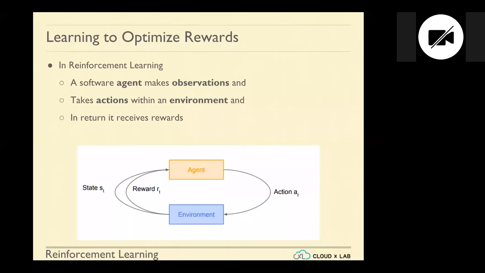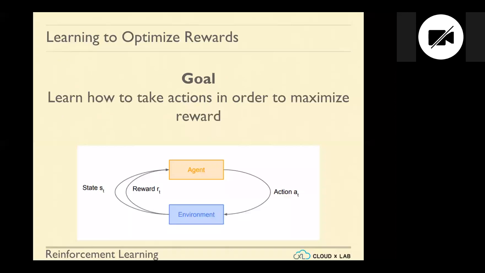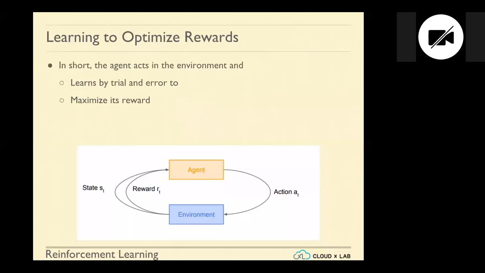The whole environment is an observation, and it takes an action, then it gets a reward. The goal is to learn how to take actions in order to maximize the rewards. In short, the agent acts in the environment and learns by trial and error to maximize the reward.